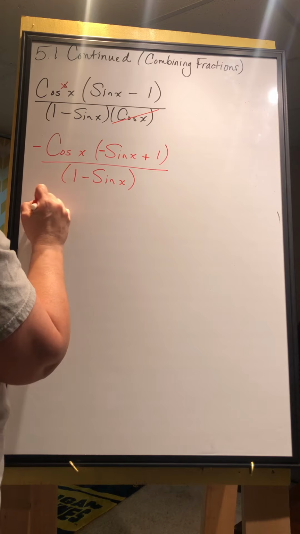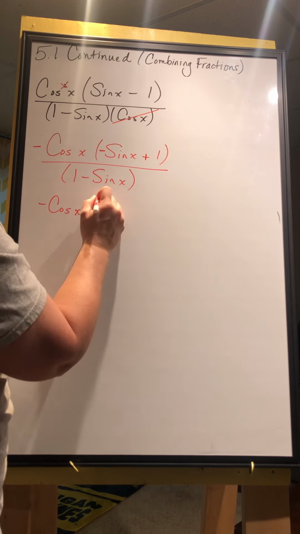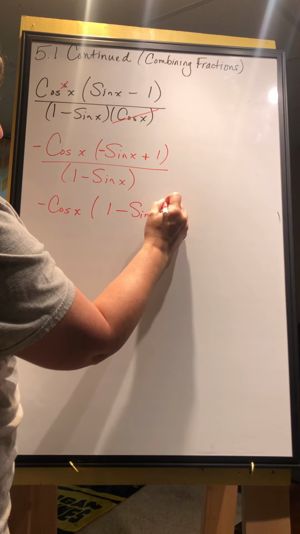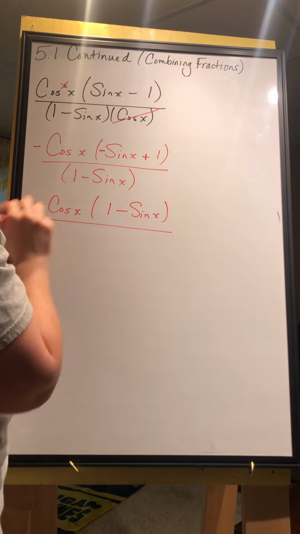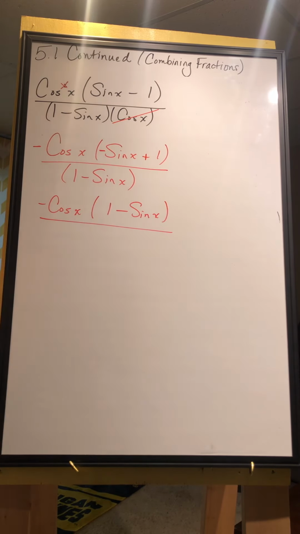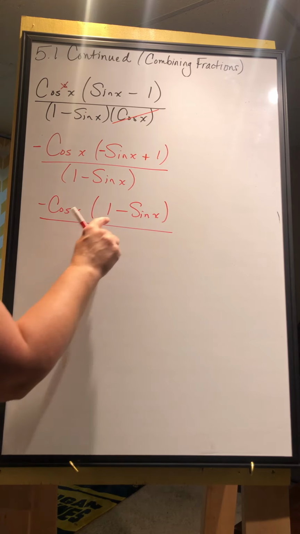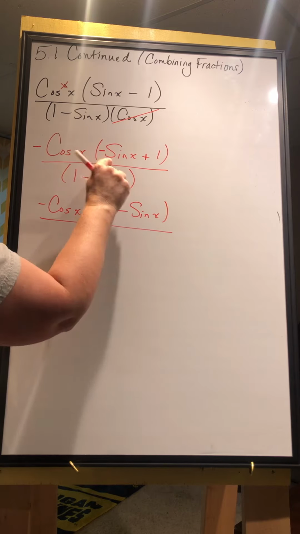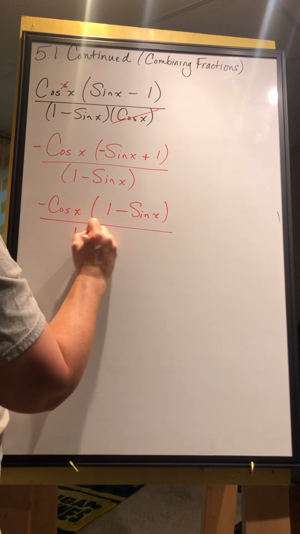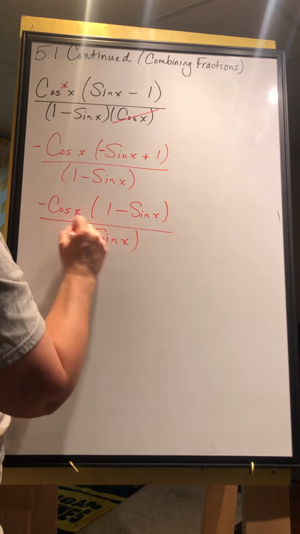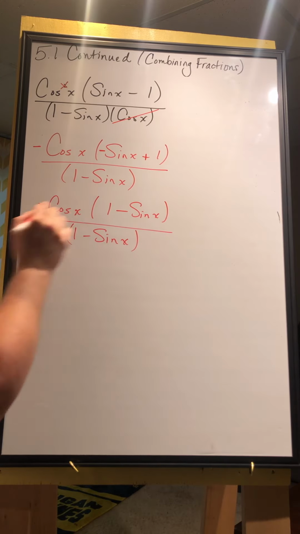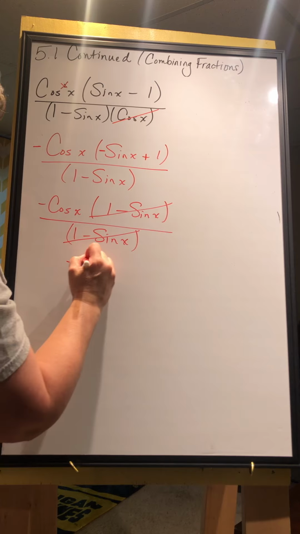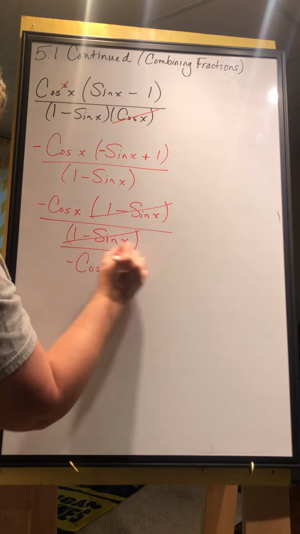I could rewrite that as negative cosine x times 1 minus sine x. It doesn't matter what order I write them in as long as I have the correct signs in front of the term. So the 1 was positive, the 1's positive, sine is negative, sine is negative. And then I have 1 minus sine x in the denominator. Now I can cancel this entire term, and the only thing we have left is negative cosine x.